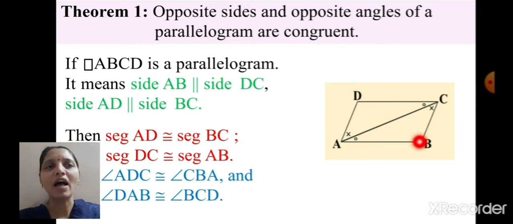Opposite angles are also congruent. And similarly, which are the other pair of opposite angles? Angle DAB and angle BCD. So this way you have to show if your quadrilateral is a parallelogram, then their opposite sides and opposite angles are congruent. Okay, so you have to remember the statements.